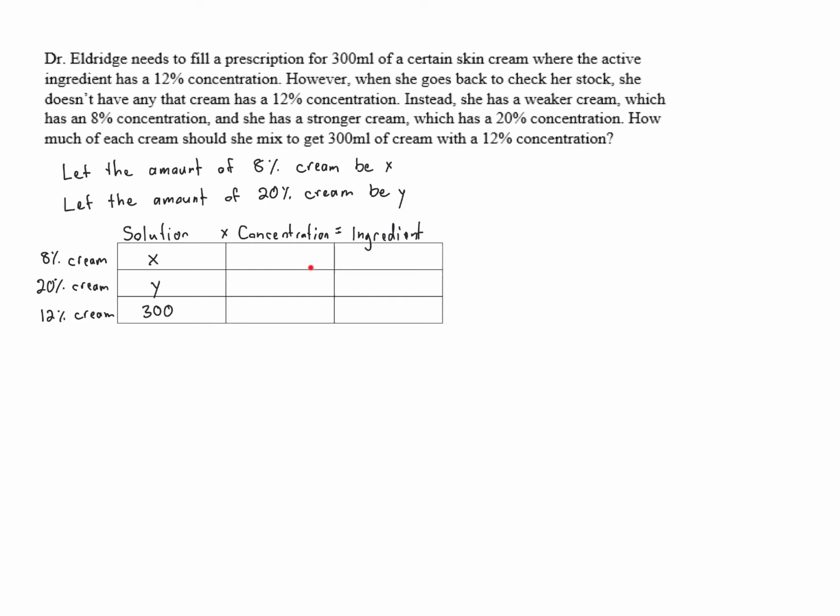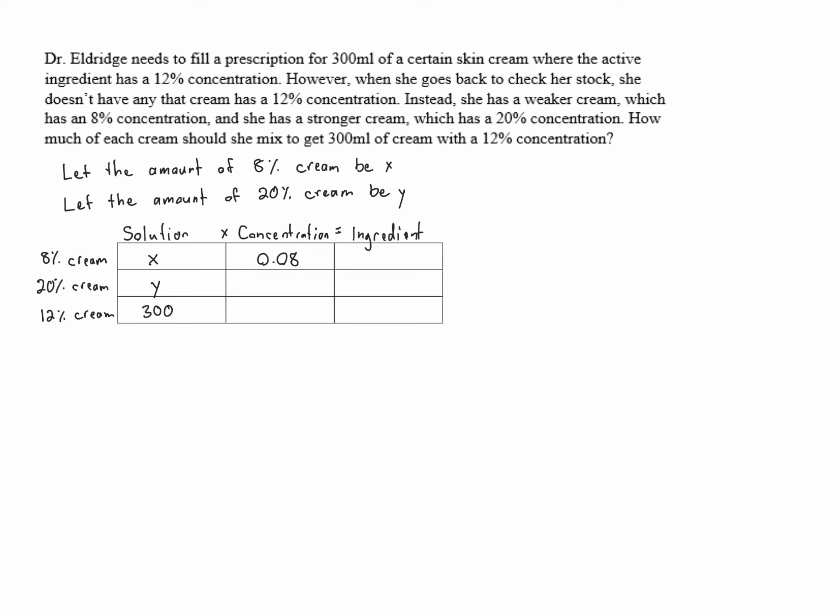Next, we need to fill in the concentrations, but remember, we need to fill them in as decimal numbers. So 8% as a decimal is going to be 0.08. What is 20% written out as a decimal number?